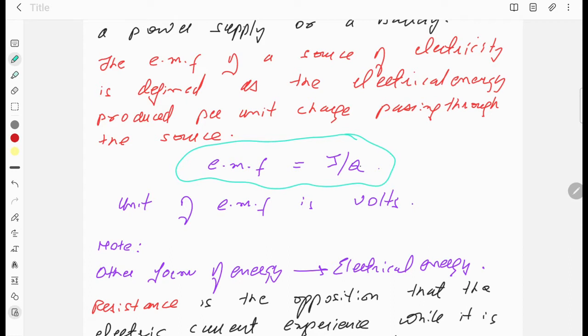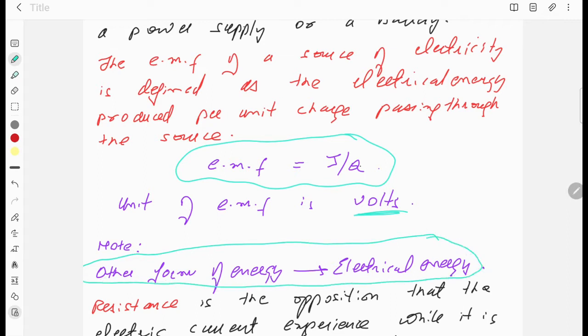That is why unit of EMF is volts. In EMF, other forms of energy convert into electrical energy, while in potential difference, electrical energy converts into other forms of energy.